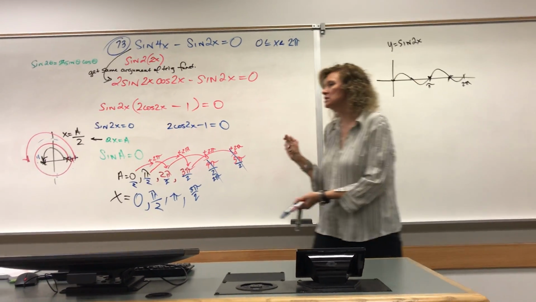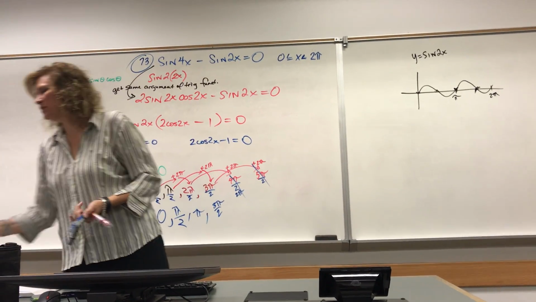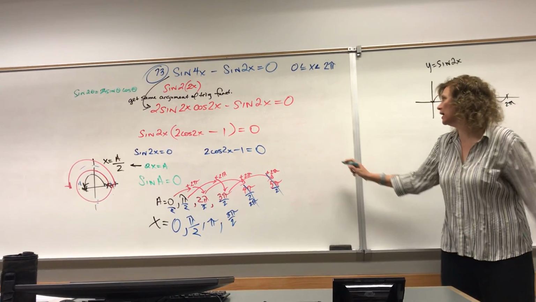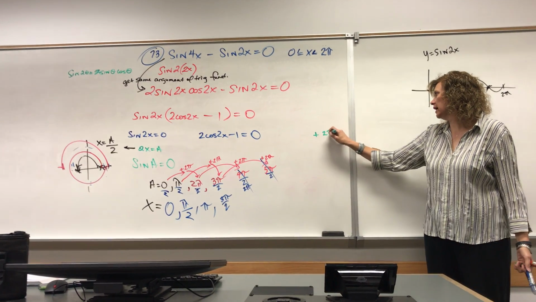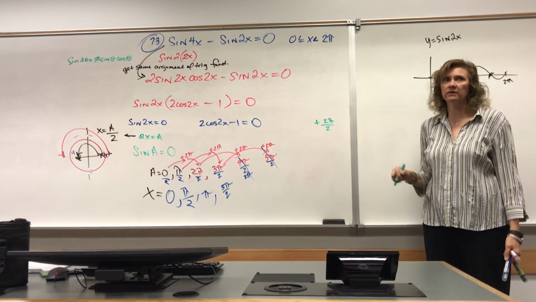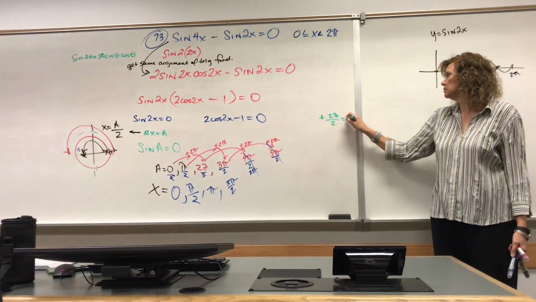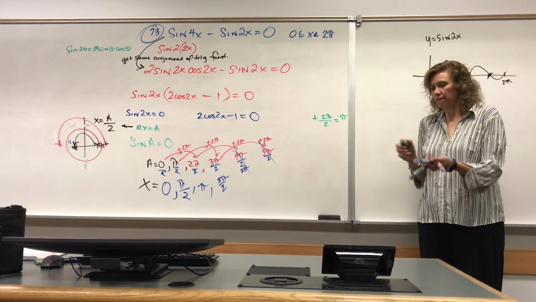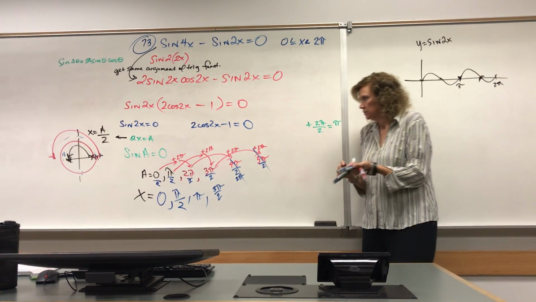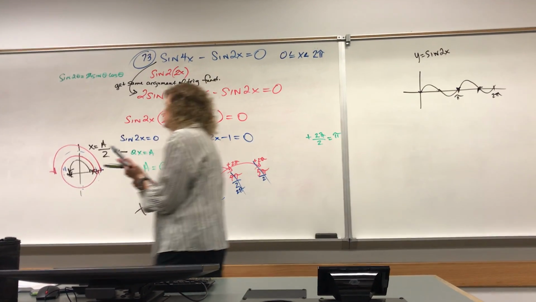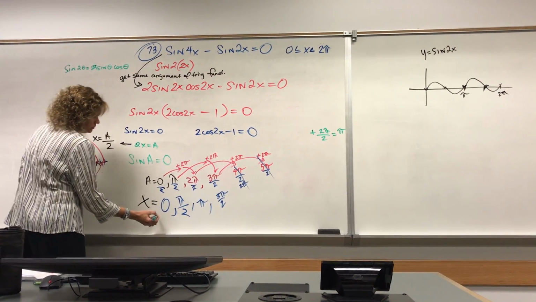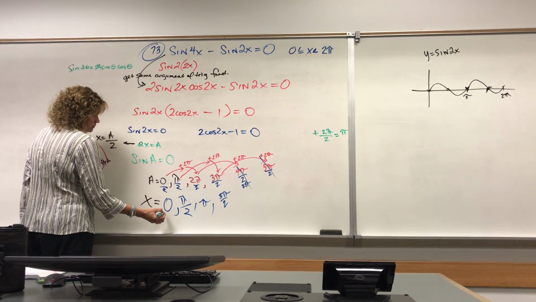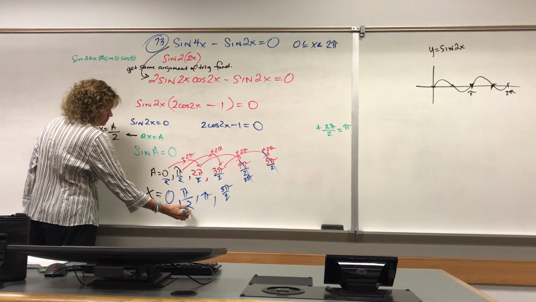We might want to notice something that happens, because we're always adding 2 pi and then dividing by 2. What's 2 pi divided by 2? Okay? We want to take corresponding angles. So we started with this angle and this angle.